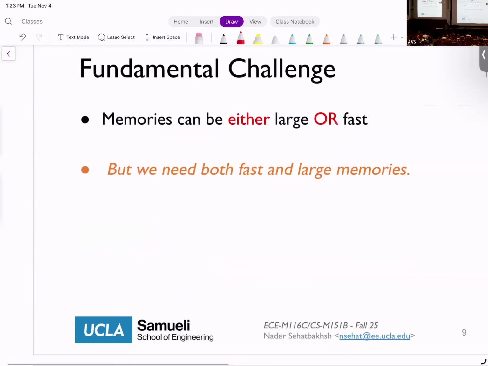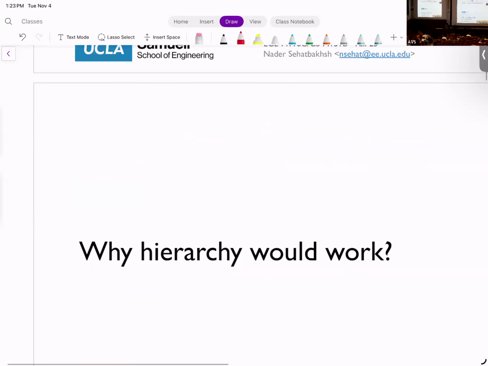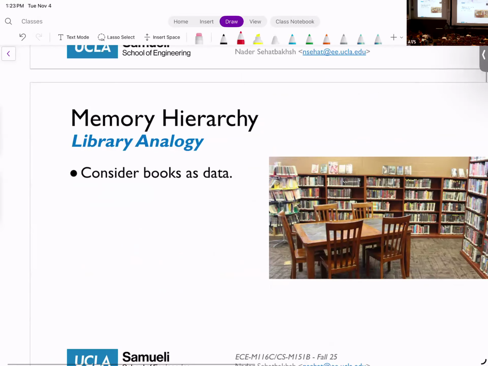So why would this work? The reason that this would work is there's a nice analogy in the book that I also use. Consider a library, the problem of accessing data as the problem of accessing books. Okay. So you have all the books in the world in the library, right? So for example, you have Powell Library, all the books are there, right? But anytime that you want to read a book, if you go to Powell Library, it's going to be very, very slow, right?